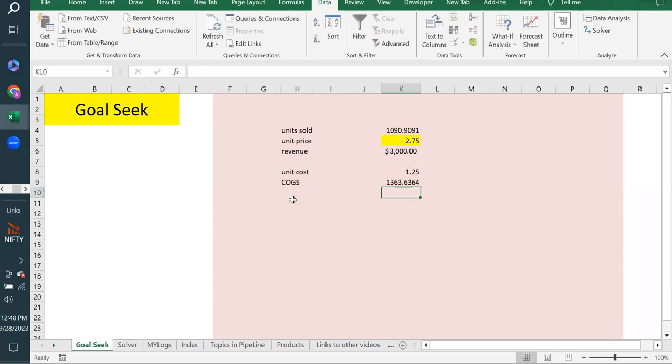So, for example, you want to have the profit. The profit is equal to the revenue minus the total cost of sales. So this is your profit.